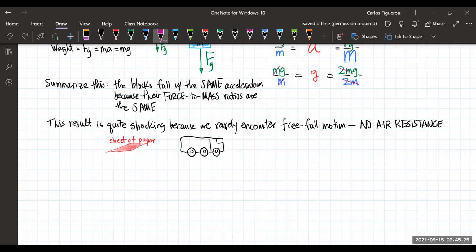And so when I look at this Mack truck, I'm going to drop both of these guys at the same time.